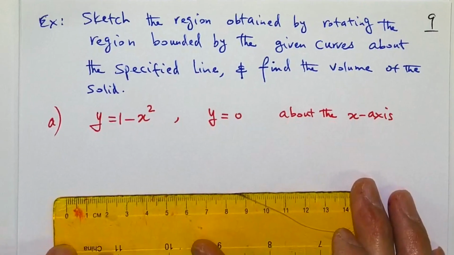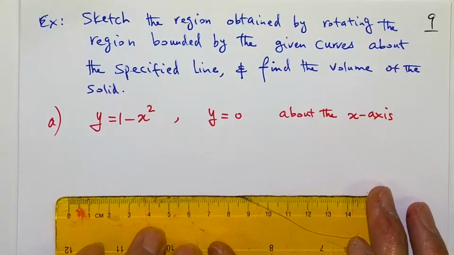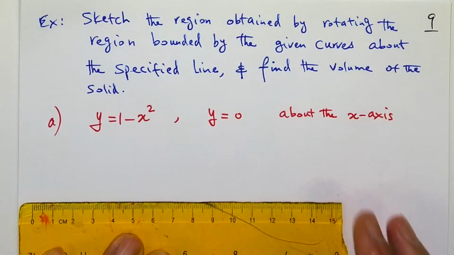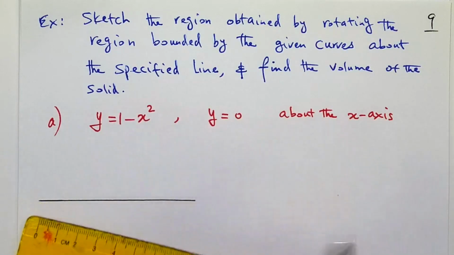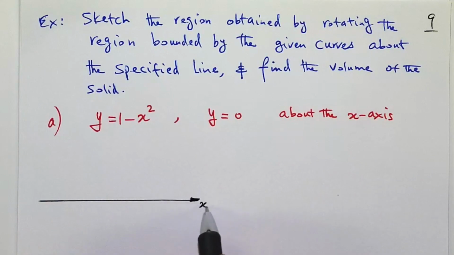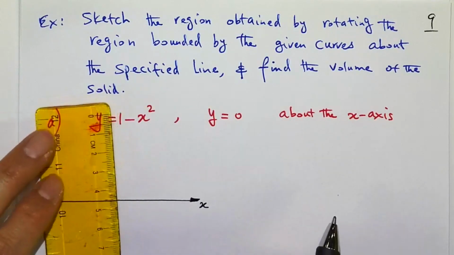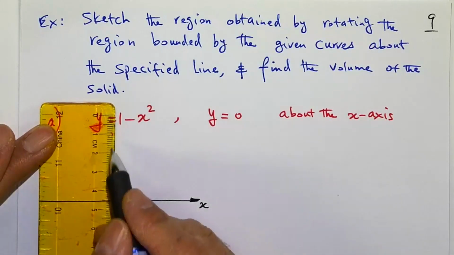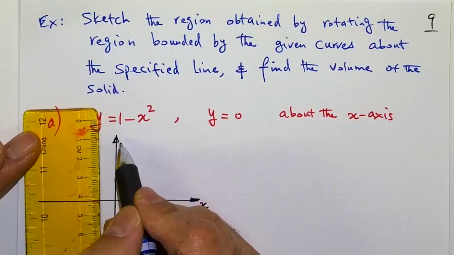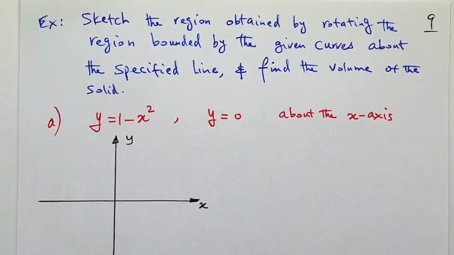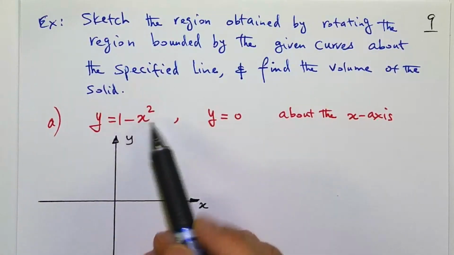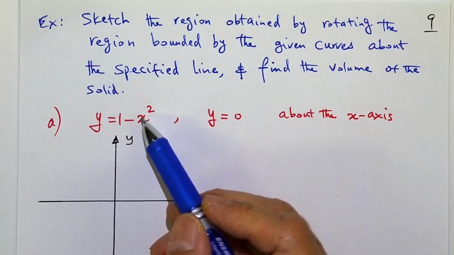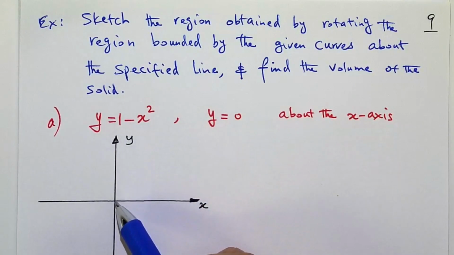So let's draw a simple example of this situation. I'll draw it in this corner. So we have x, we have y, and 1 minus x squared is simply an upside down quadratic equation with the vertex at the origin moved up.